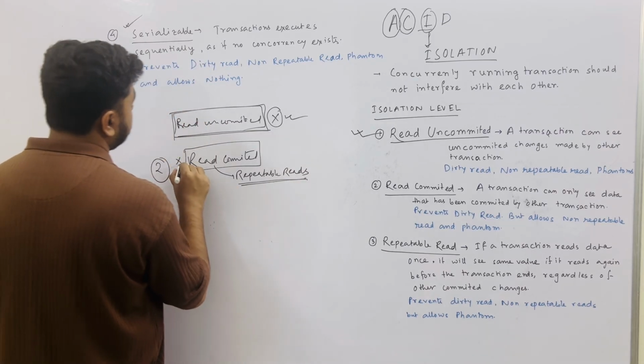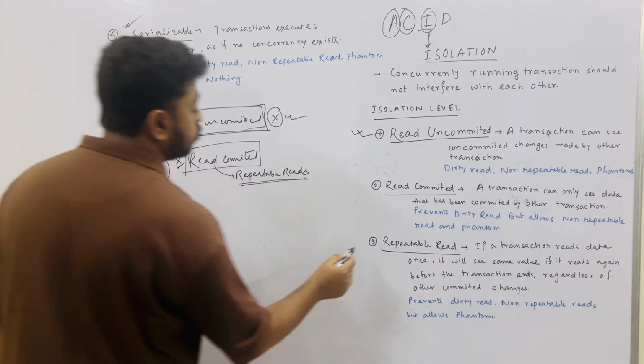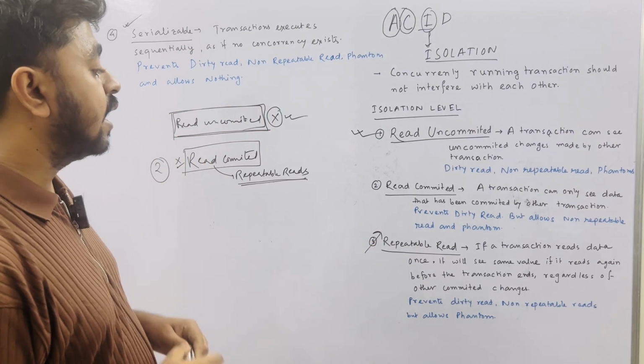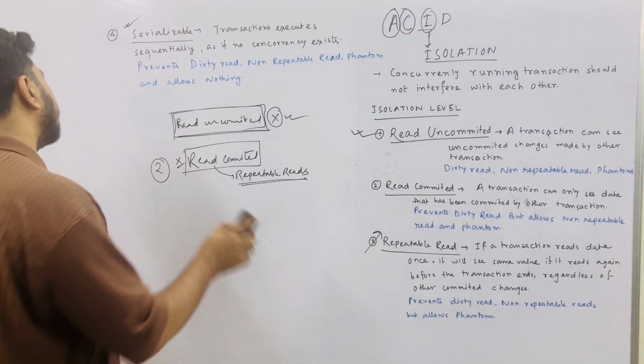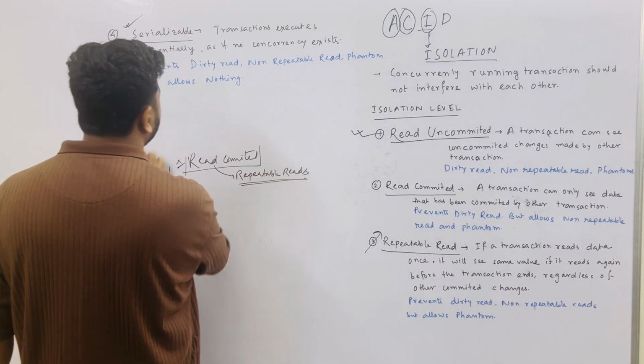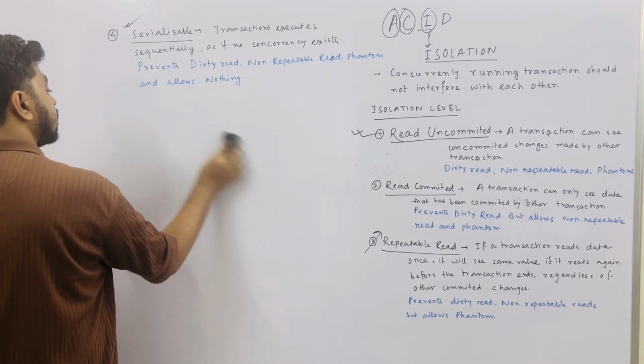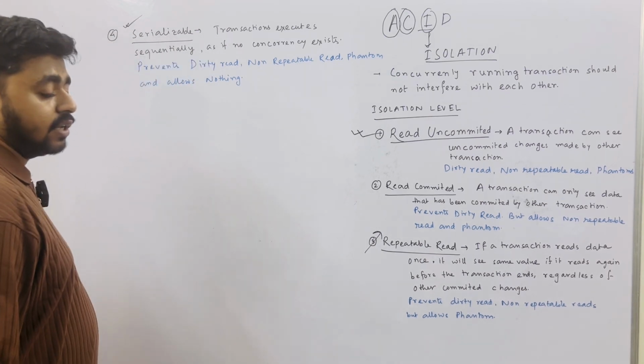So it is also not much preferable. The mostly used isolation level in your database is repeatable reads. If you read a particular value once, it will never be changed inside one transaction. So mostly I have seen repeatable reads used as the isolation level.